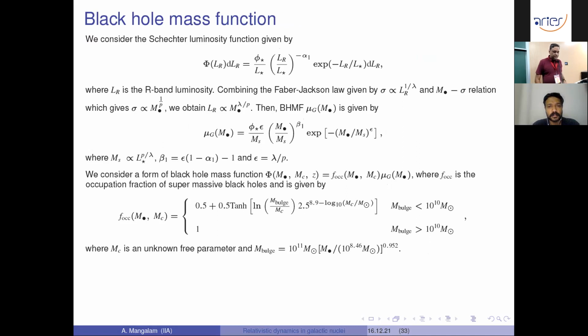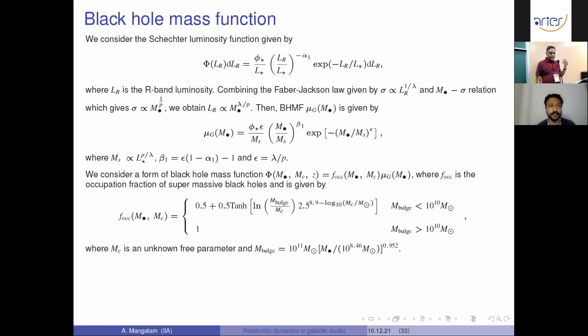To do that, first you need to build a mass function. So we take the Schechter function and then use that to make the galaxy mass function, using two relations, the Faber-Jackson law and the M-sigma relation. Then you write the number density of black holes that are distributed in mass, and each galaxy has a certain occupation fraction.